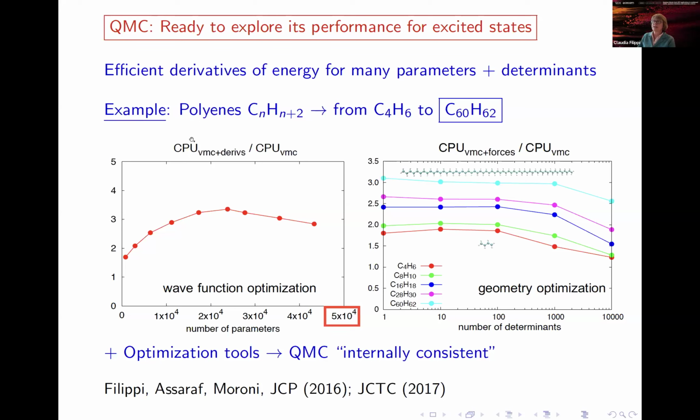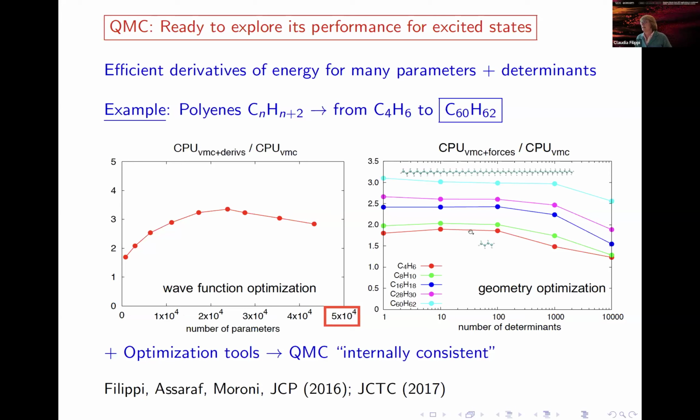And what we are showing is how much it costs to compute the energy, the derivative and the Hamiltonian acting on the derivative, with respect to the cost of computing an energy alone as we increase the system size. Here, I'm showing it for wave function optimization. So we have a simple wave function, but we are increasing the system, so the wave function gains more and more parameters, but the cost is limited to something less than 4.